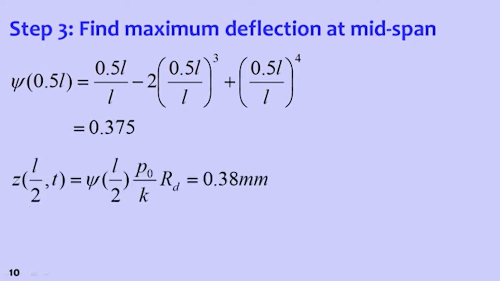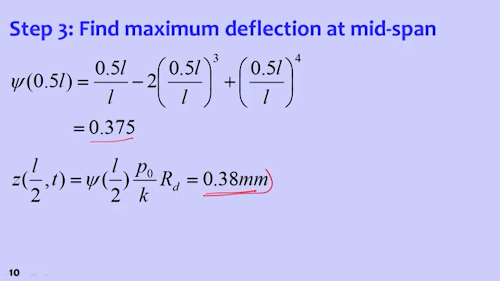Then the maximum deflection will occur at the peak value of Z and at L by 2. That means psi at L by 2 times P naught by K RD. If you substitute the values of P naught by K RD and psi at L by 2, finally we get 0.38 millimeter as the deflection because of the loading applied by people in a dynamic manner.